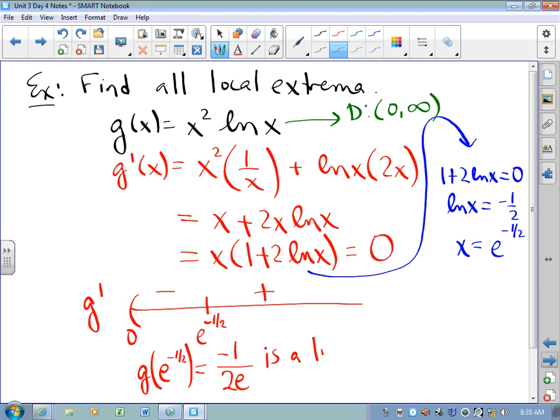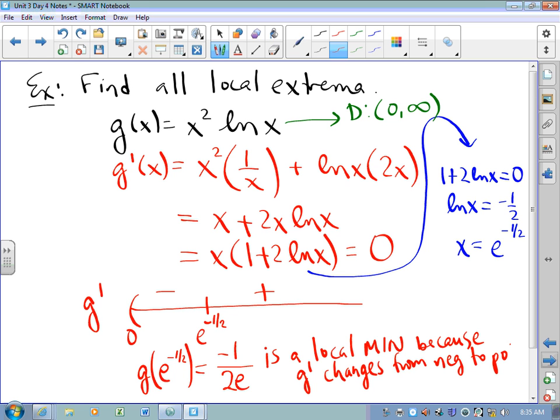That is a local min because g prime changes from negative to positive at x equals e to the negative 1/2. That is a big deal. That's the way you want to say it. I have a local min because g prime changes from negative to positive.